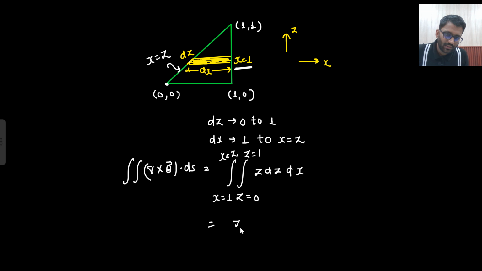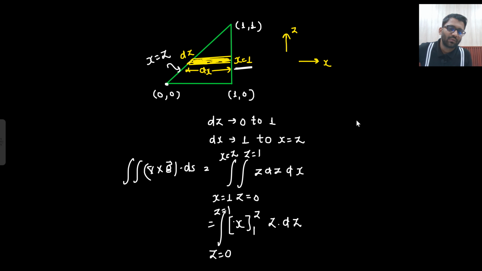So what am I going to get? Basically the integration will be z times x from 1 to z, and then the limit of z will be there as it is from 0 to 1, z into dz. So you are getting integral from 0 to 1 of z minus 1 into z into dz.